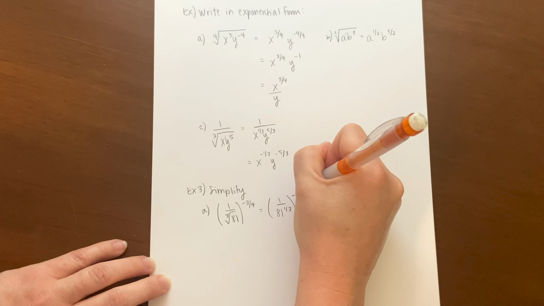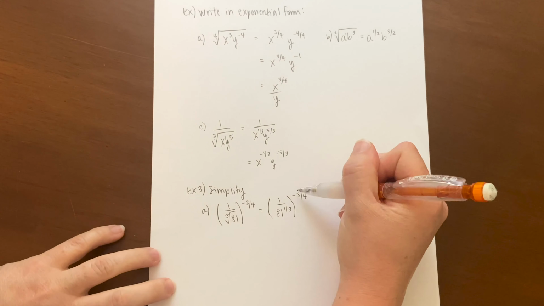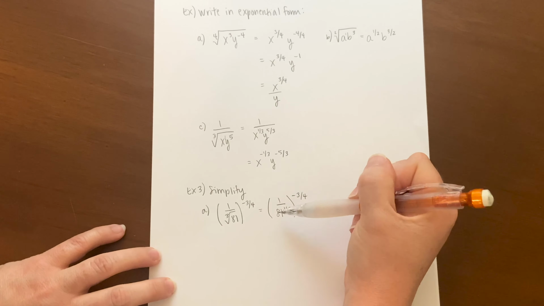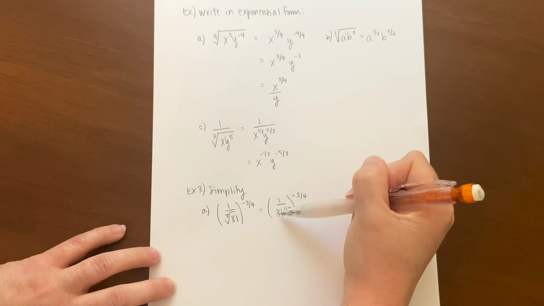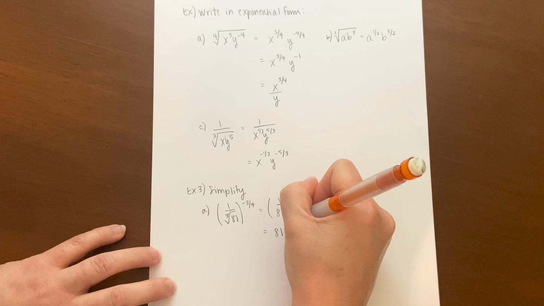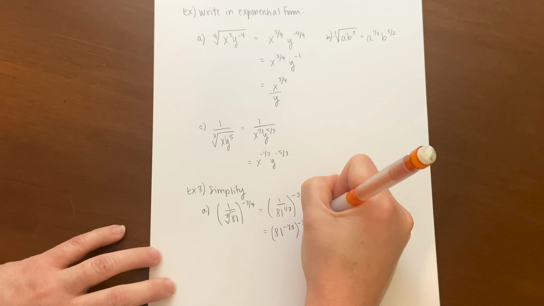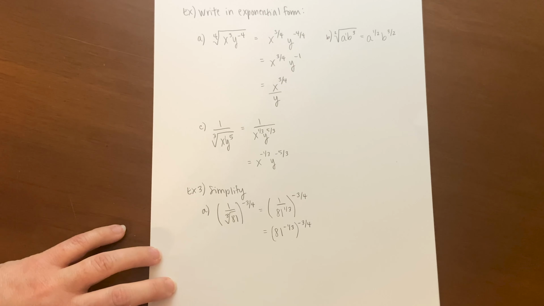And then on the outside, it's still being raised to the -3/4 power. All right, then I want to be able to work with these together. So I'm going to bring the 81 up to the top. If I'm going to bring it up to the top, I have to make it a negative exponent. So this is going to be 81 to the -1/3, now raised to the -3/4.